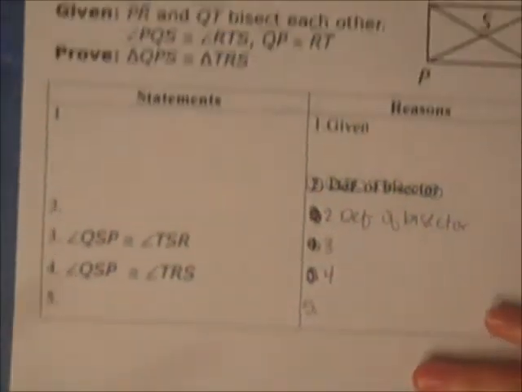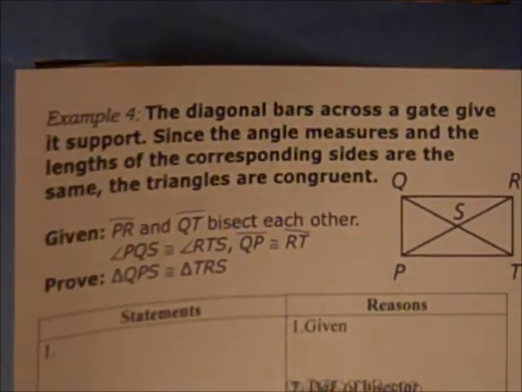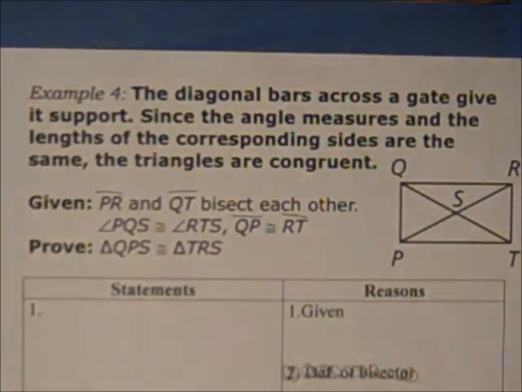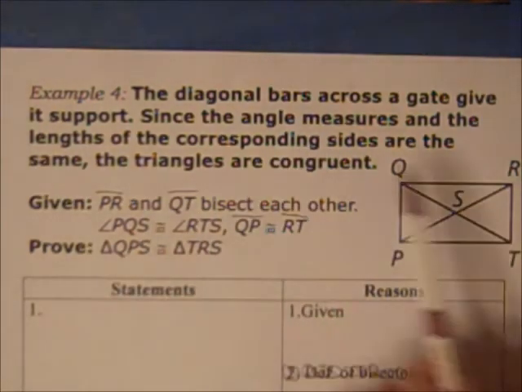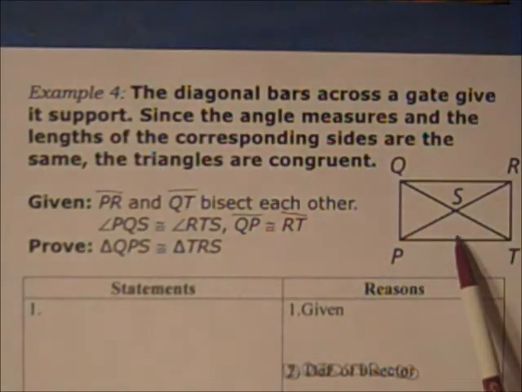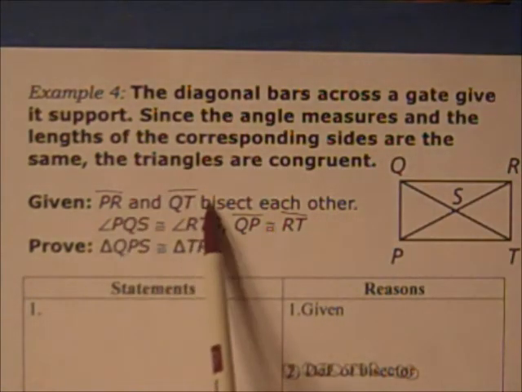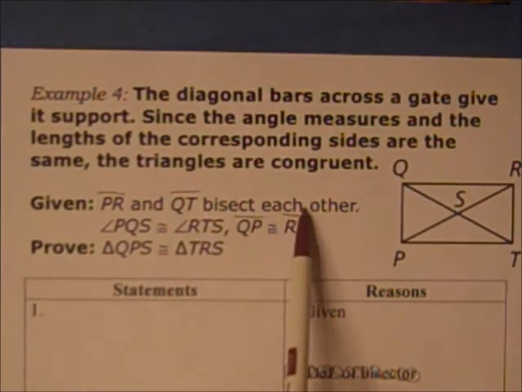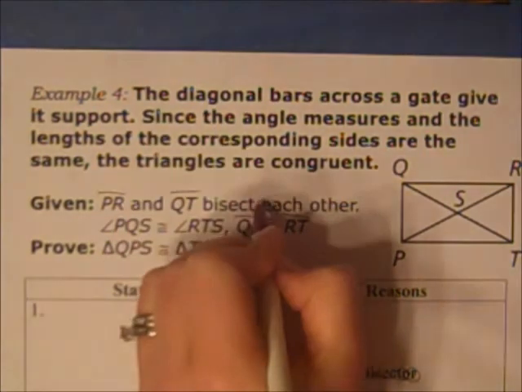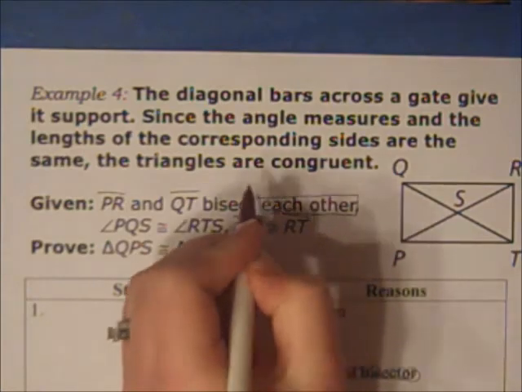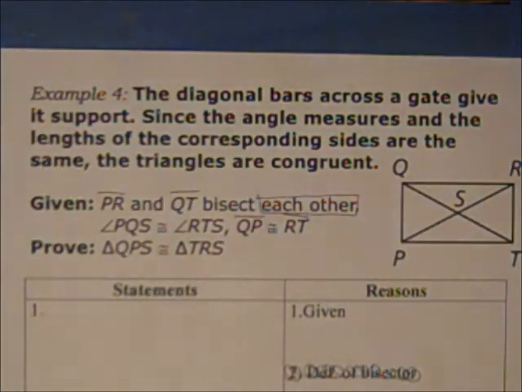Okay, last one here. The diagonal bars across a gate give it support. Since the angle measures and the lengths of the corresponding sides are the same, the triangles are congruent. This is kind of an overview of where we're going with this proof here. Okay, PR and QT bisect each other. Now, we talked about bisecting a lot in chapter 1. Here, this phrase that they bisect each other means each of them is being cut in half.